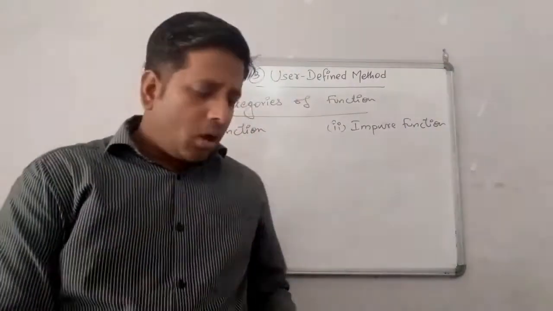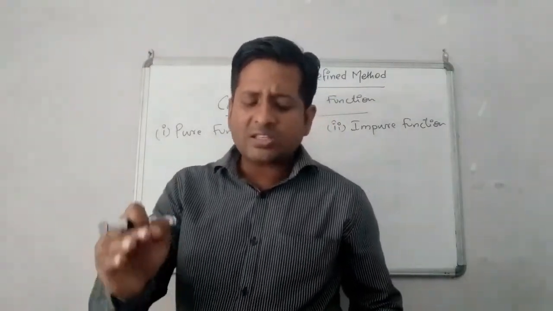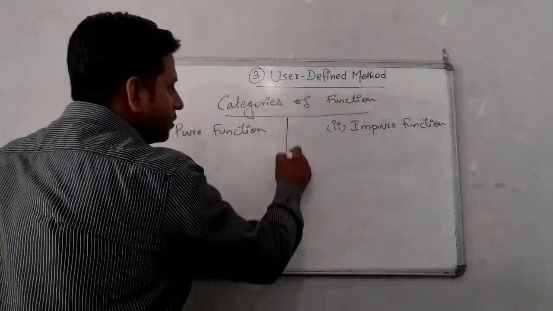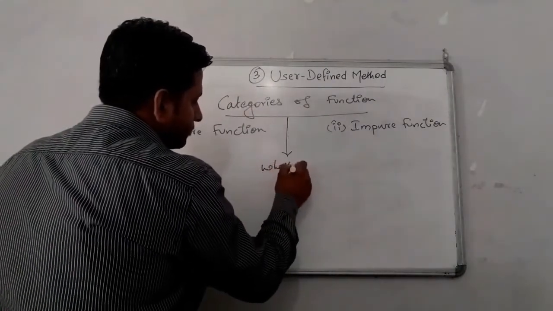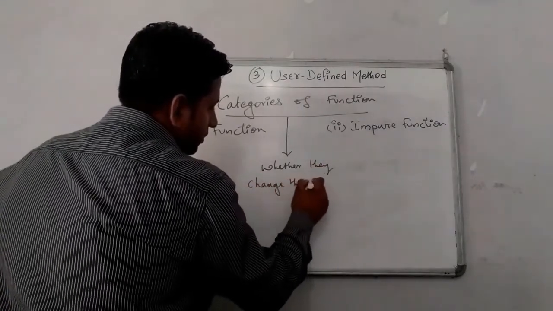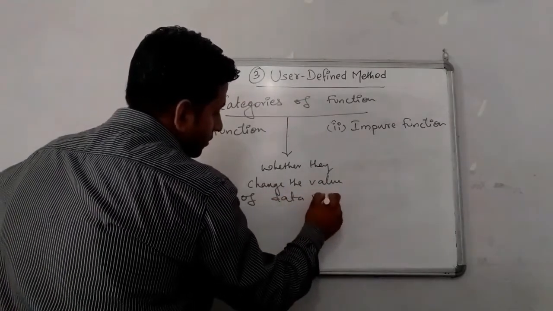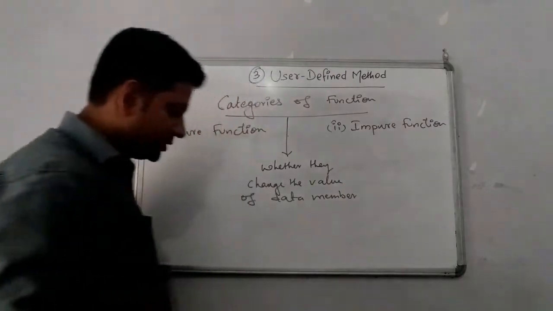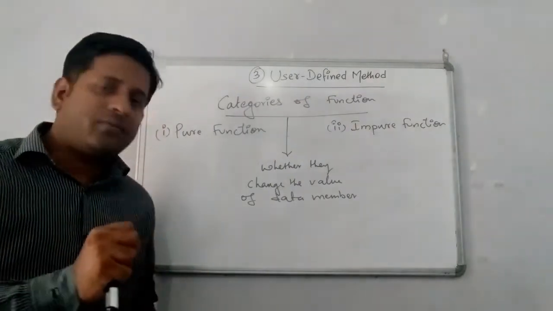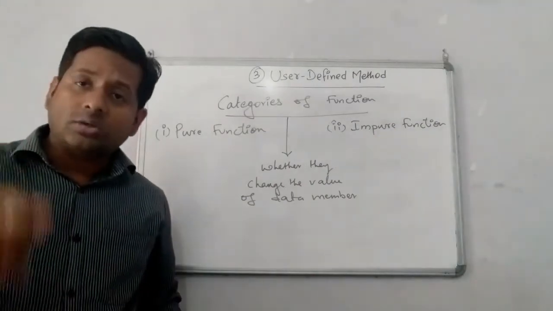So children, we can classify methods into two categories on the basis of whether they change the value of data members. So this categorization is based on whether they change the value of data members or not.